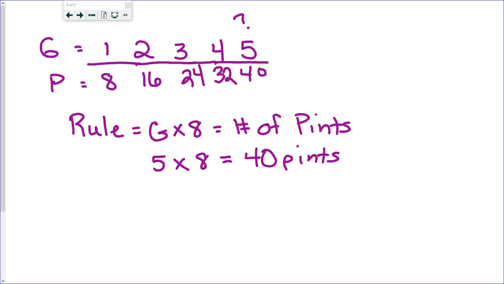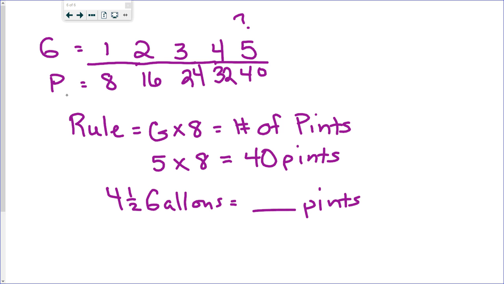Okay, what if I had 4.5 gallons, sorry. 4.5 gallons equals blank pints. Well, first we'd figure out that we know that the 4 is 32. So this here is 32.